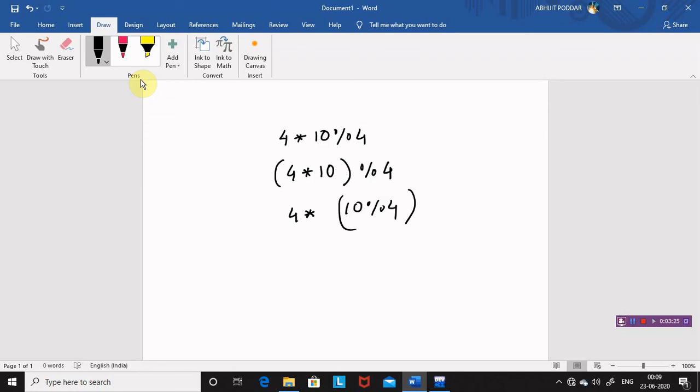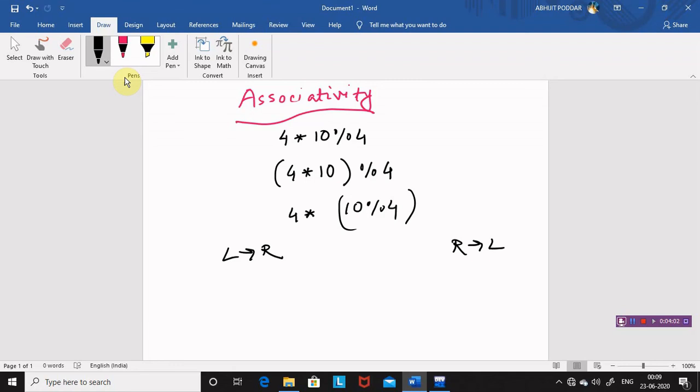So in that case what happens is we have to look for another property which is known as associativity. So let's write it down. Associativity. Now what associative means is when two or more operators have the same precedence, then they either have left to right associativity or right to left associativity.